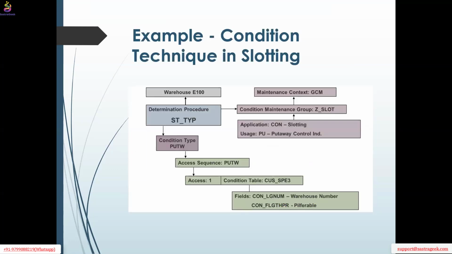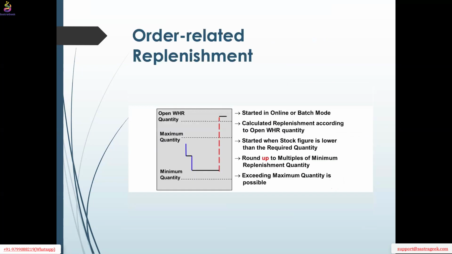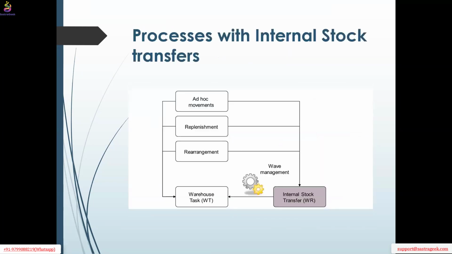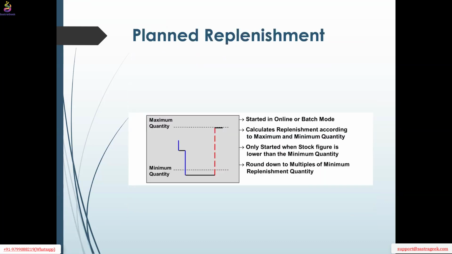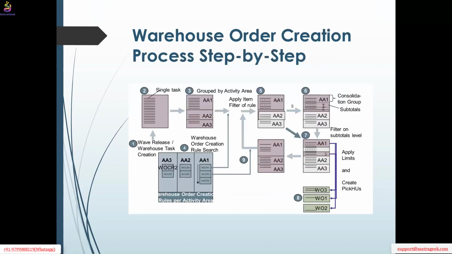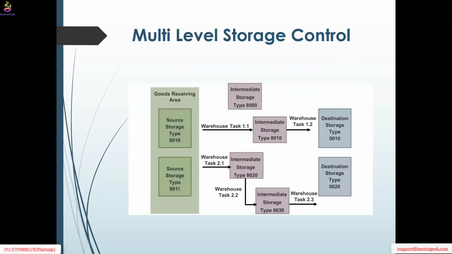And apart from that, we also use other scenarios like your physical inventory or the internal stock, slotting and rearrangement, and your production integration. For example, if you have process orders or production orders which are getting created, that needs to be integrated to your EWM system, because you need raw materials to have a finished product produced.